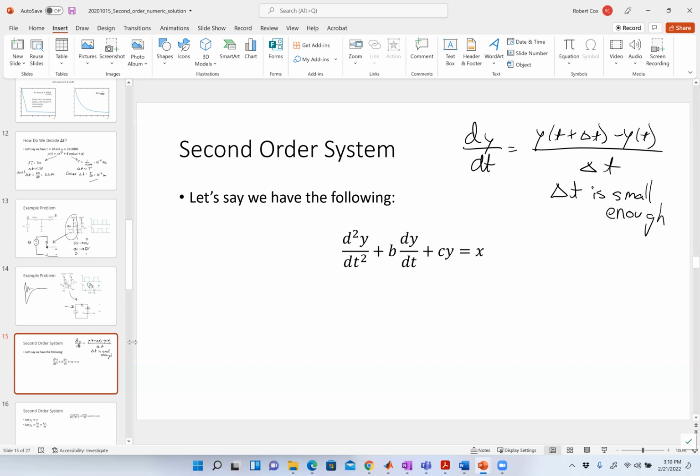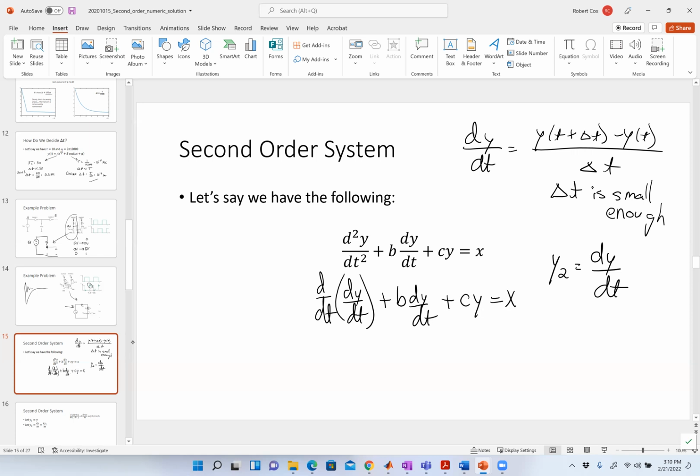I want to say, what happens if I define another variable y2, which is equal to dy by dt. I could write this thing like this: d by dt of dy by dt plus b times dy by dt plus c times y equals x.